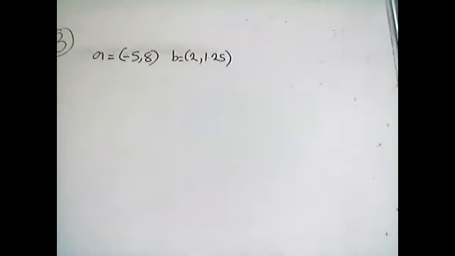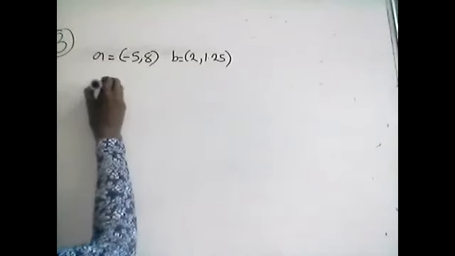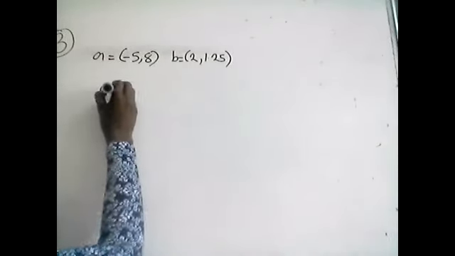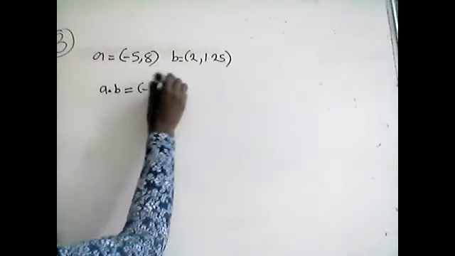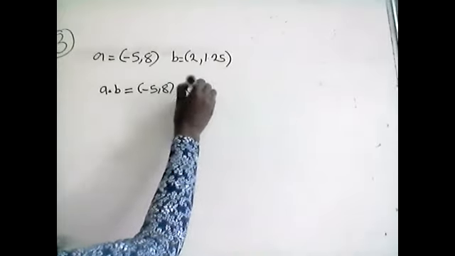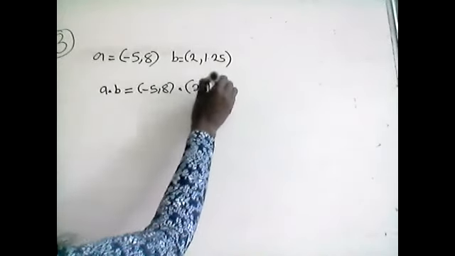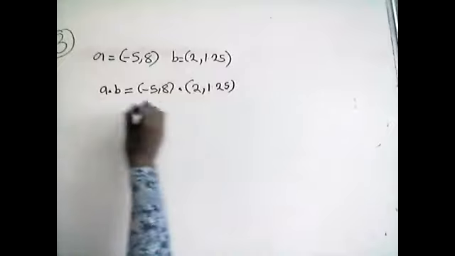So now, in order for us to find out if the 2 vectors are perpendicular to each other, we just have to find their dot product. If the dot product gives us a 0, then we'll make a conclusion to say, indeed, the vectors are perpendicular to each other. So we have vector A dot vector B. So vector A is -5, 8, dot vector B is 2, 1.25.